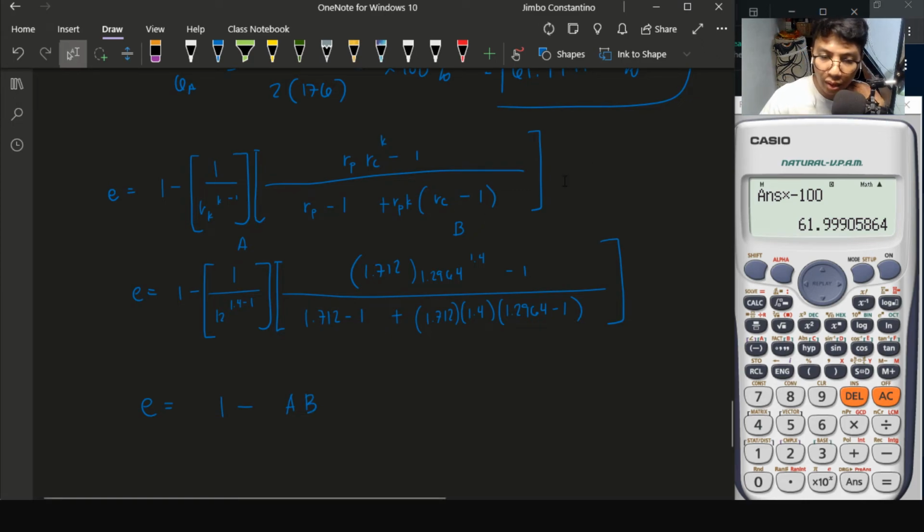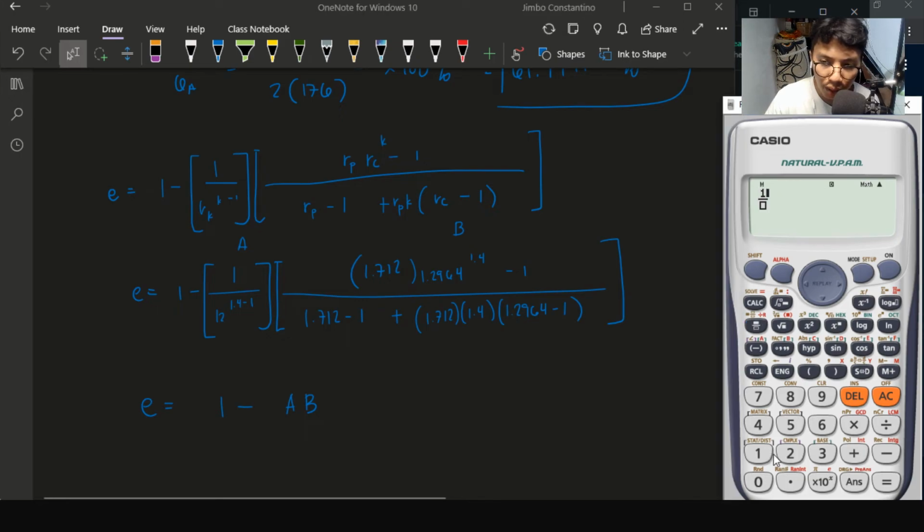Okay. So, unahin ko muna yung maikli. 1 over 12 raised to 0.4, kasi 1.4 minus 1 is 0.4. Store ko yung value niya kay A. Ito naman. So, 1.712 times 1.2964 raised to 1.4 minus 1.